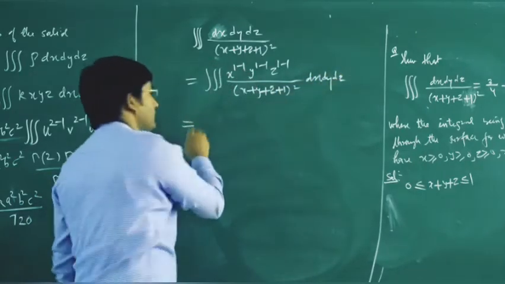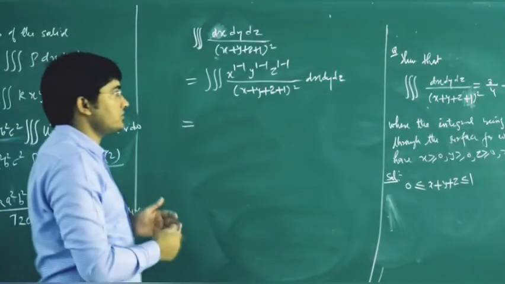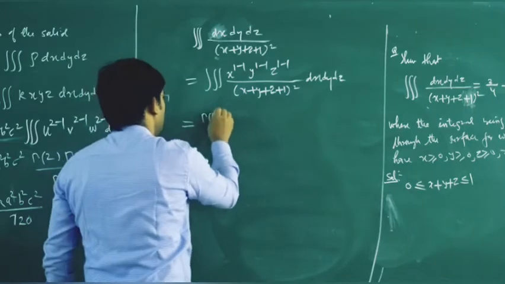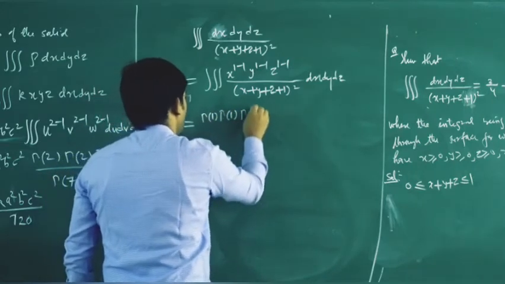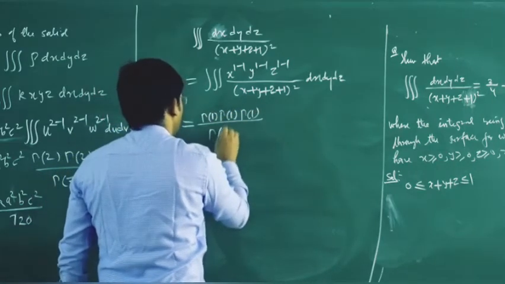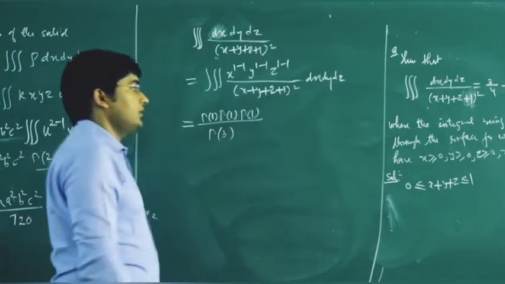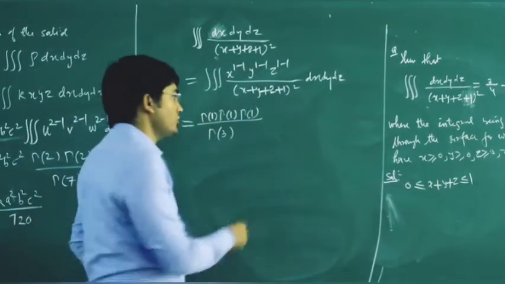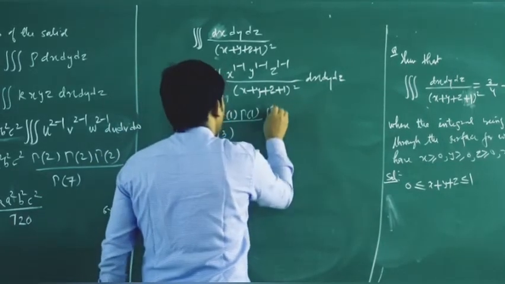Now according to Liouville's theorem, which is an extension of the Dirichlet integral, this is equal to gamma l, gamma m, gamma n upon gamma l plus m plus n. So we have gamma 3. Then the limits of x plus y plus z are from 0 to 1. So we have this integral from 0 to 1.